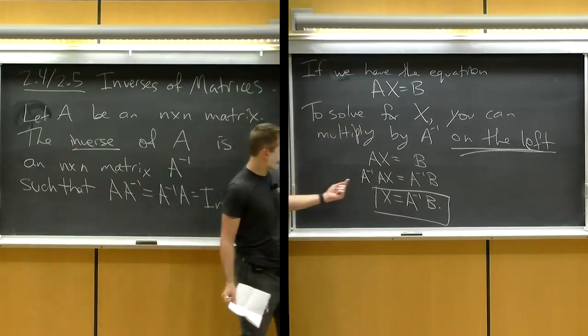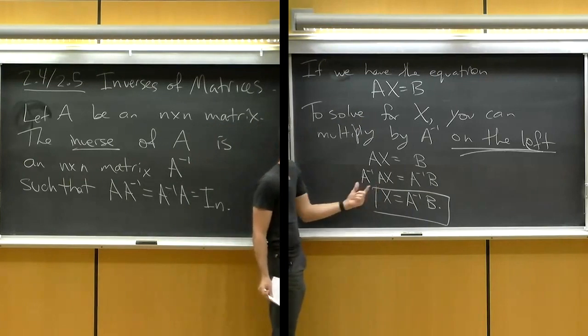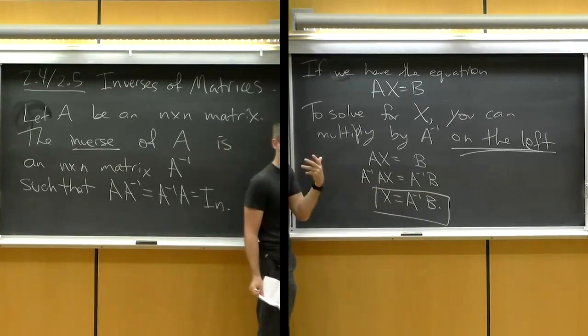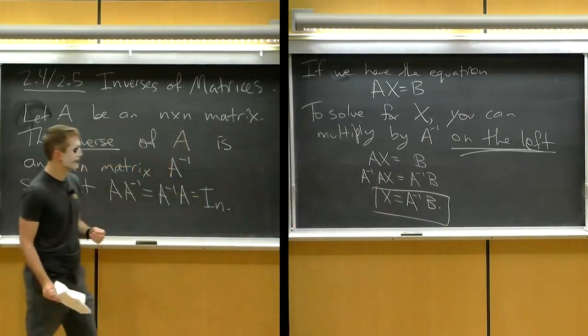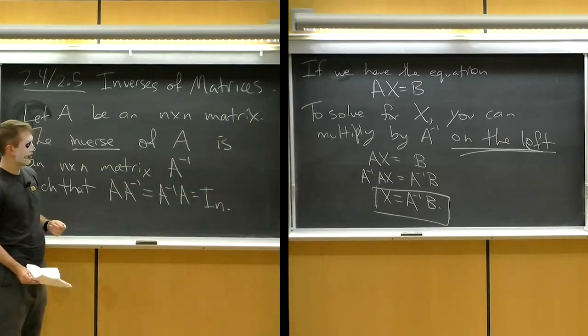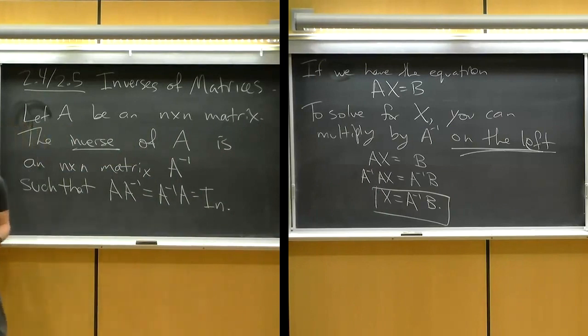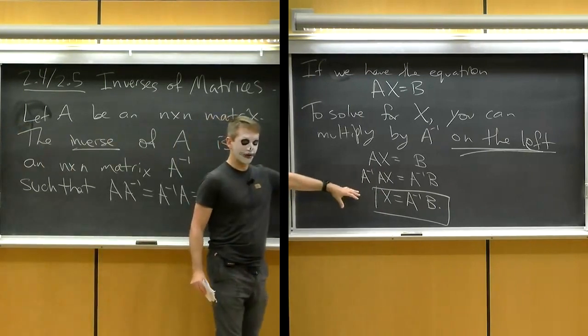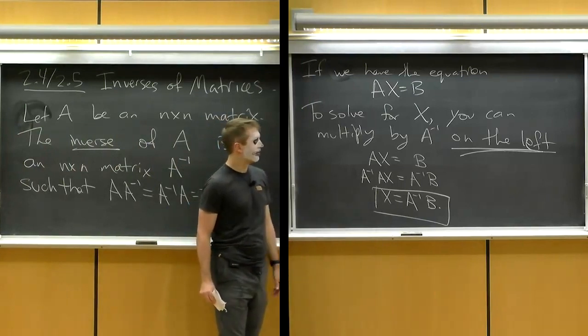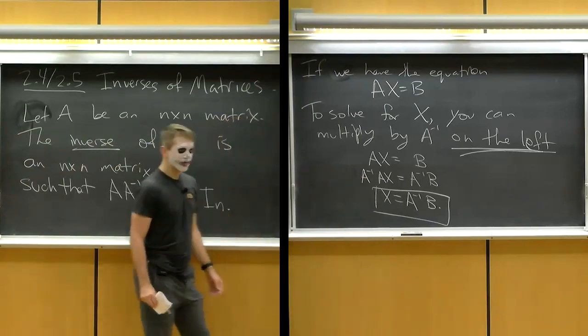So you should think of multiplying by A inverse as kind of like dividing by the matrix A. We'll see some examples where we'll actually solve things in this way, but any questions about this so far?